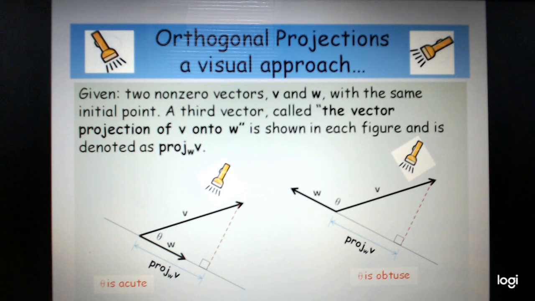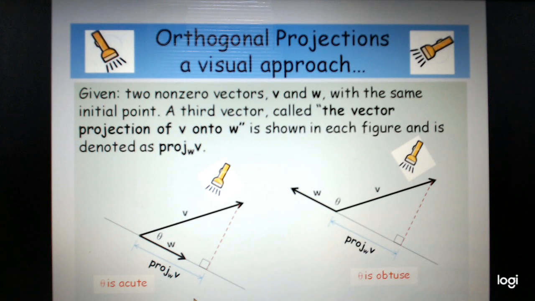I'm going to make a short video on this because it's not an easy topic, but if you think about it, it's going to make a lot of sense. Okay, so again, an orthogonal projection is a shadow. That's all it is, really. And in this case, let's just look at the acute case for a little while. We did this last time. Let's go over it again.